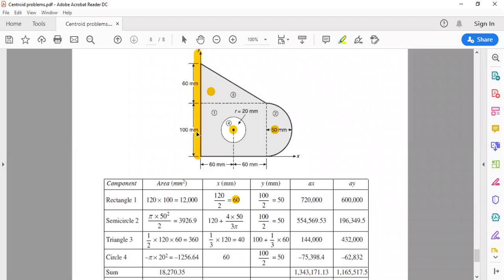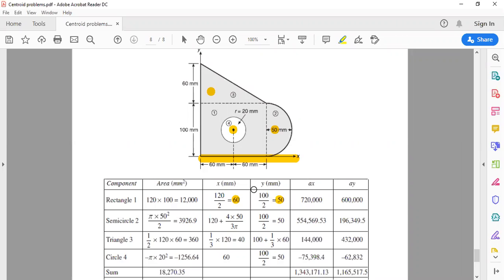Similarly, the next part we are going to calculate is y bar. In y bar, you're going to measure the distance from the reference x-axis. So from the x-axis to the individual CG, it will be d by 2, that is 100 divided by 2, which will be 50.